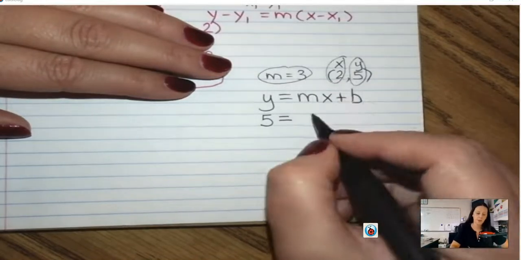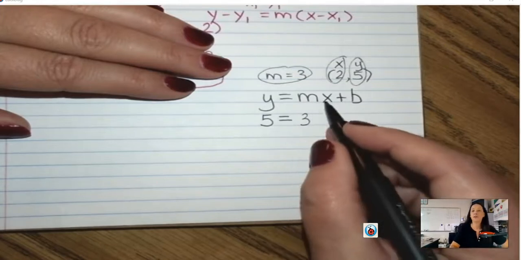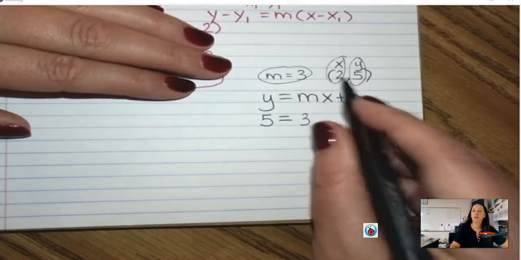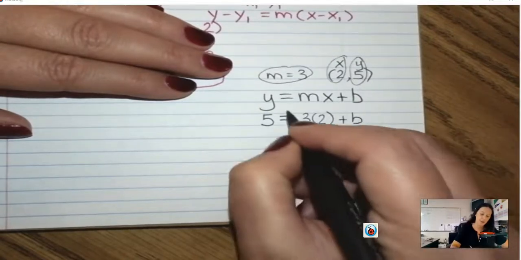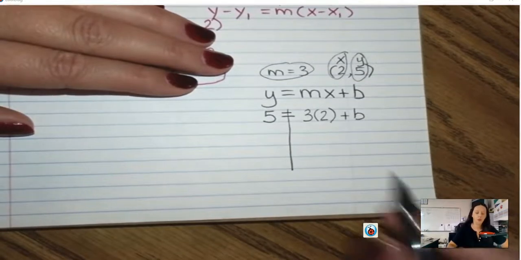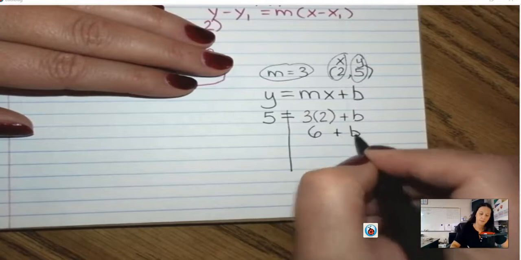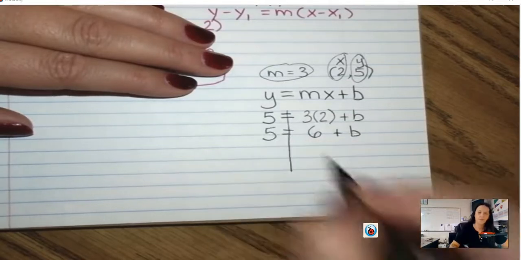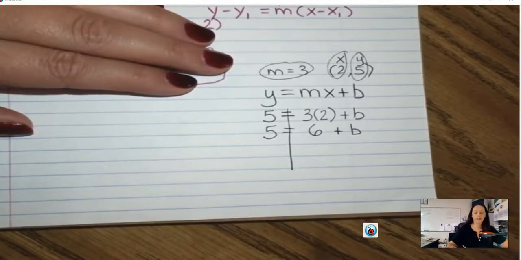m, slope is 3. mx means you're multiplying, because they're next to each other. So 3 times whatever x is, so 3 times 2. I don't know what the b value is. 3 times 2 is 6. Look at the side that has the variable.